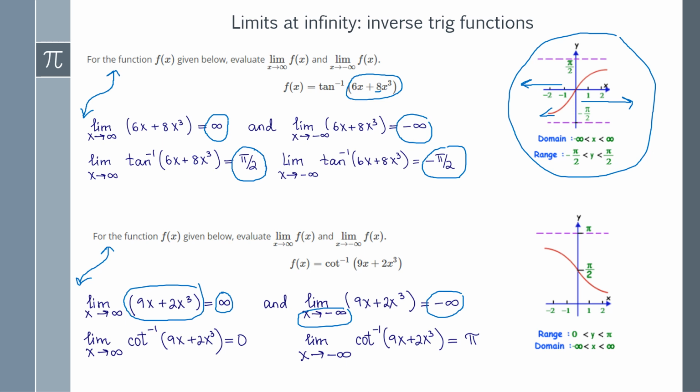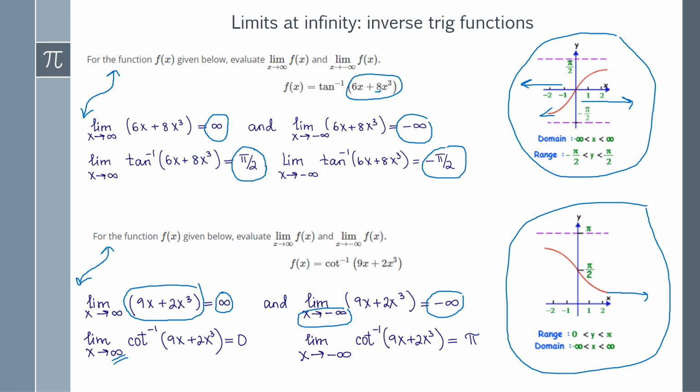Okay, so now that we know how the argument of this function behaves, we can take a look at the graph of the original cotangent inverse. Okay, so it is right here on the right side, and see what happens here. So as x goes to positive infinity, this branch goes down and then it approaches 0, right?